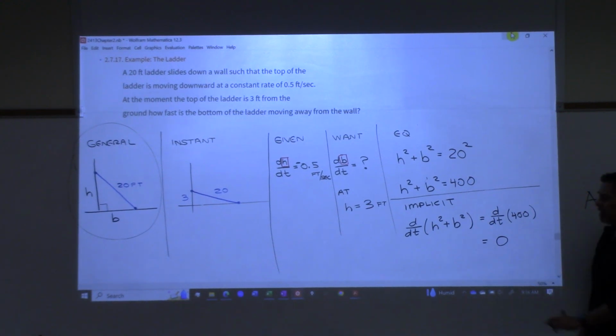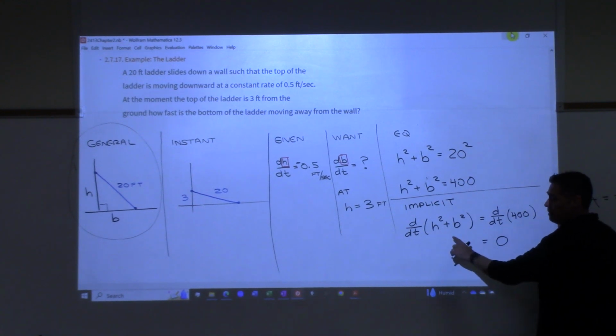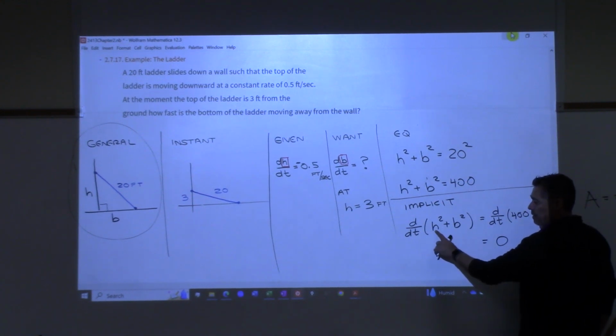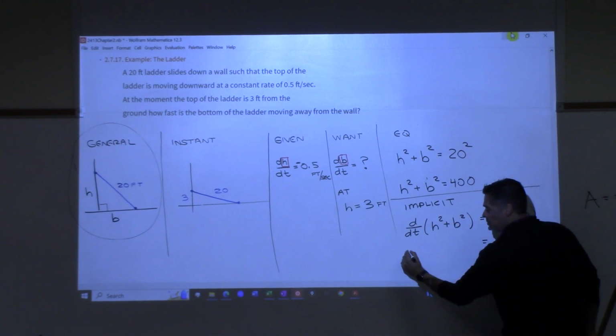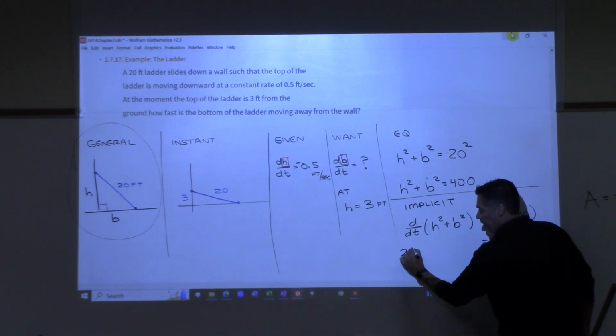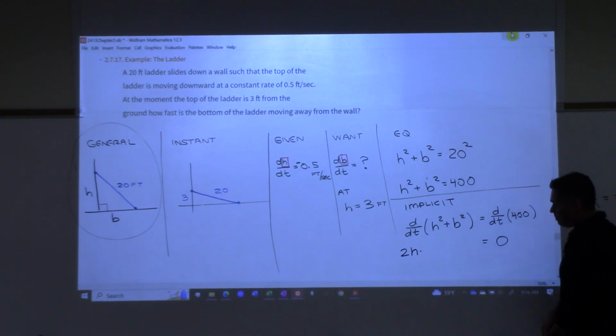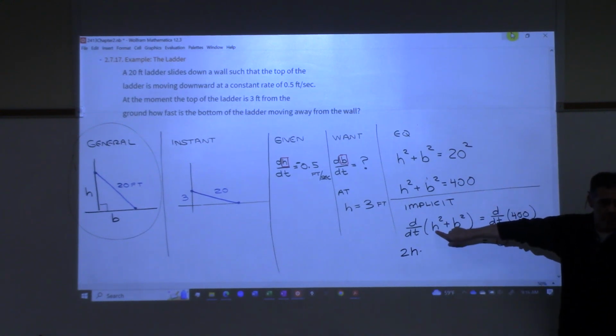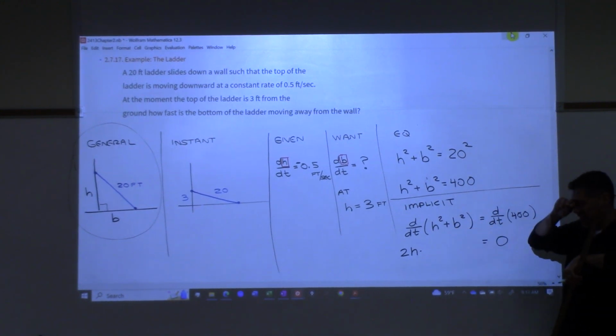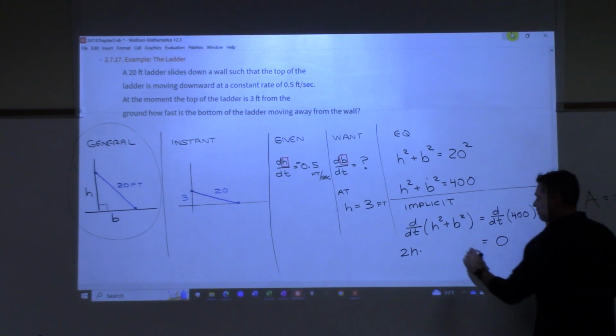What is the derivative of h squared? Be careful, chain rule, right? So the derivative of h squared would be, first power rule, 2h, but I'm not done, right? Now times the derivative of the base, the derivative of h with respect to t, which would be dH dt.